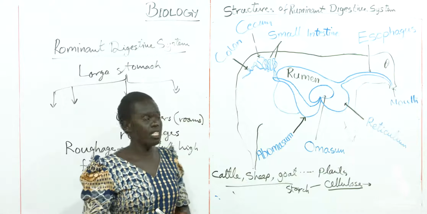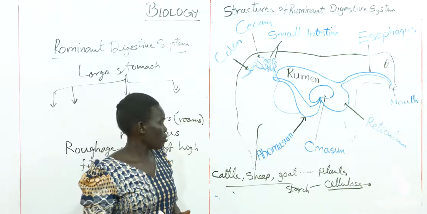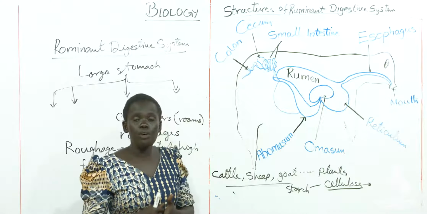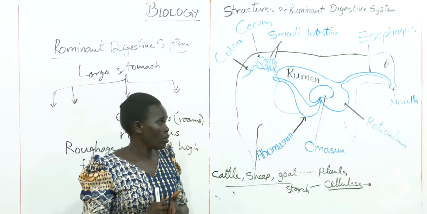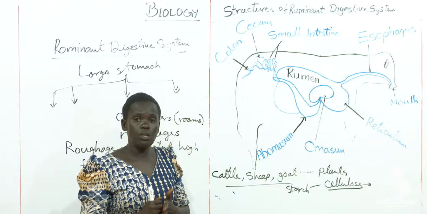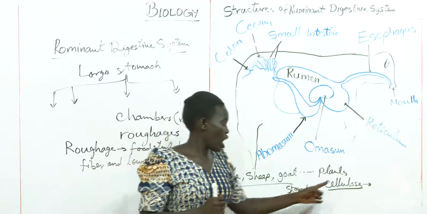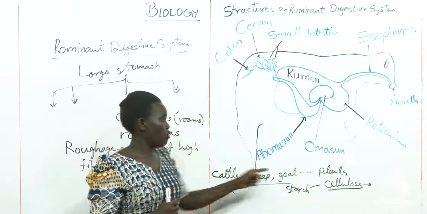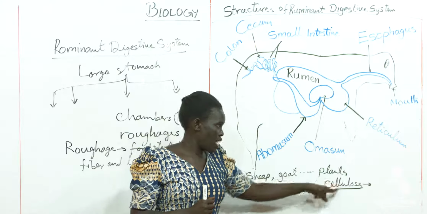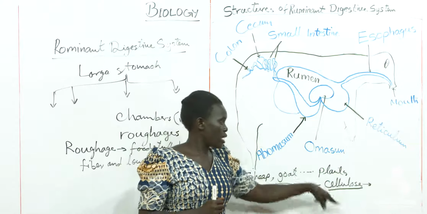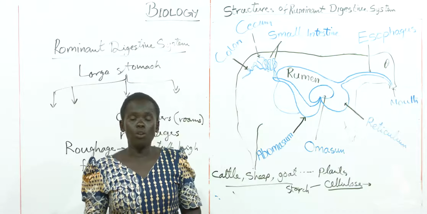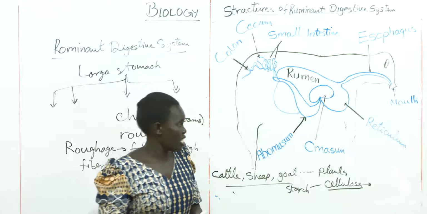But cellulose has no enzyme in the body of mammals. So we shall see how cellulose is digested, because these animals feed on plants, and plants contain cellulose, which builds up the cell wall of the plant cell.